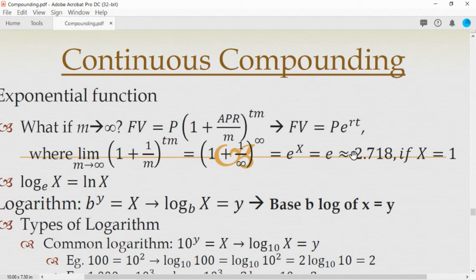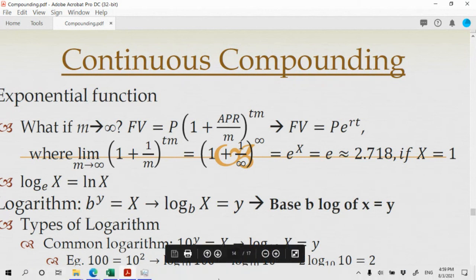So this is the gross result, right? Just to get the net return, you subtract 1 from it, so it's going to be 1.7.